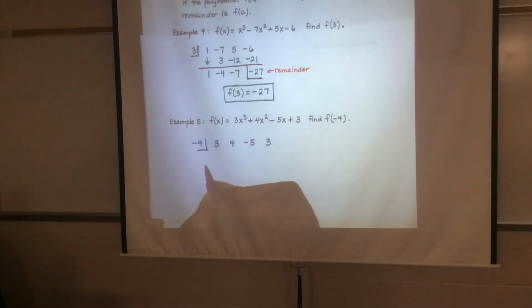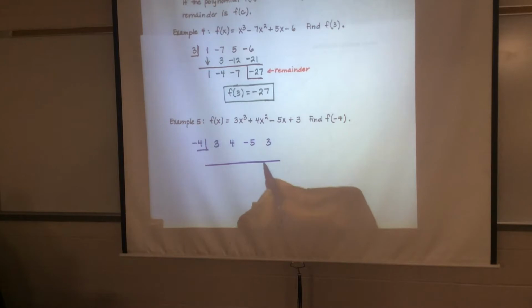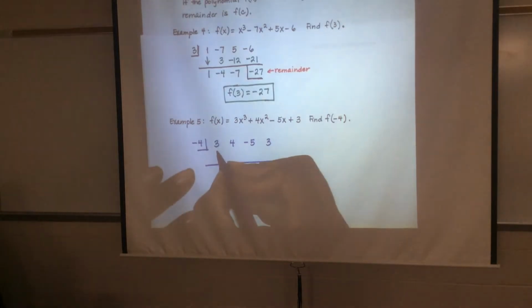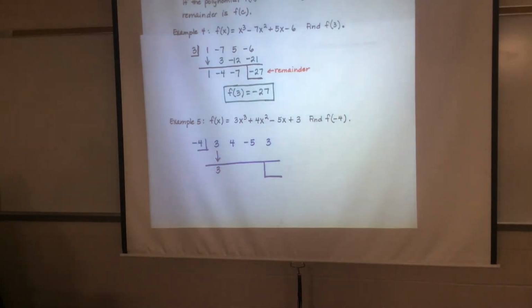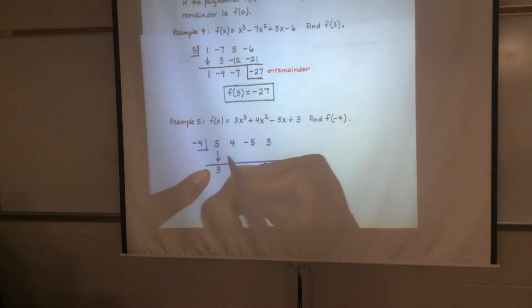And then 3 will be your constant term. And then I'm going to bring down the leading coefficient in the bottom row, which is going to be 3. And then I'll multiply the divisor of -4 times that number in the bottom row.